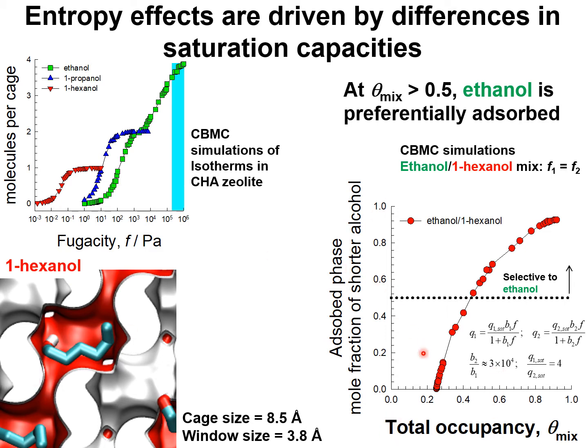And configurational bias Monte Carlo simulations for the composition of ethanol in the adsorbed phase are shown by the red circles, and we note that beyond a certain pore occupancy, here approximately 0.5, the mixture adsorption becomes in favor of ethanol.